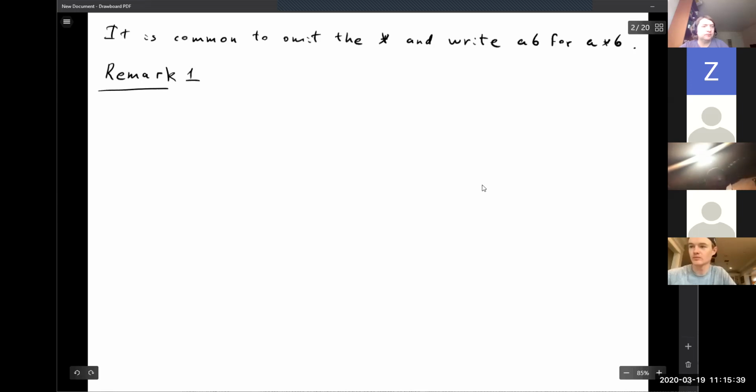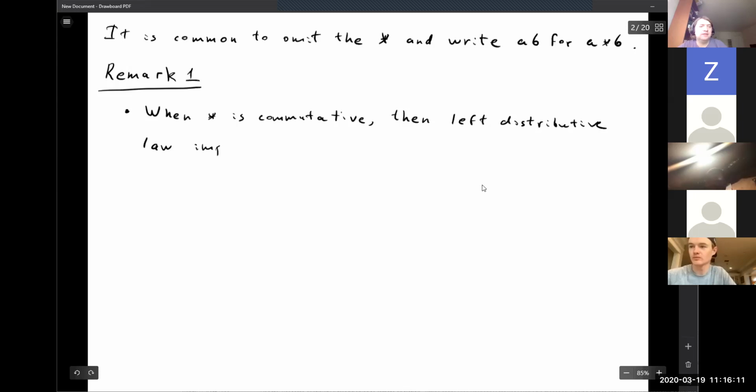Of course, when the binary operation star is commutative, then the left distributive law implies the right distributive law, and vice versa.